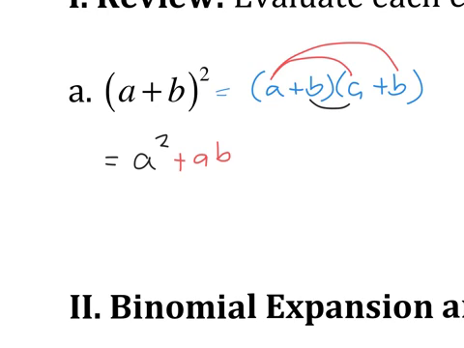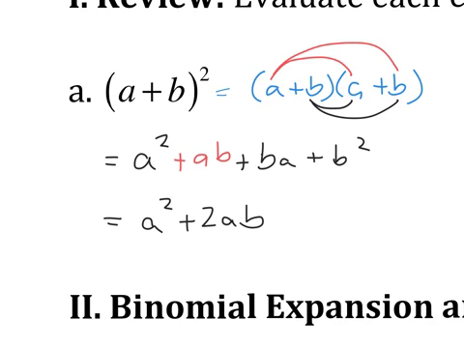Continuing on, b times a is the same as ab, but I'll write it like this for now. And then lastly, b times b is b squared. Now I combine my like terms: a squared plus 2ab. Why? Because ab plus ba, those are the same. And then lastly, plus b squared.